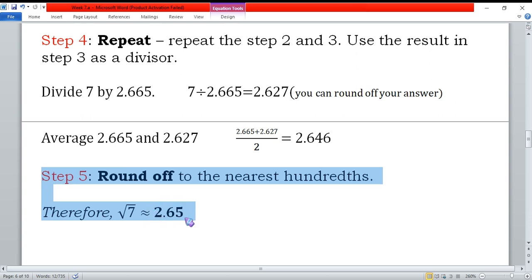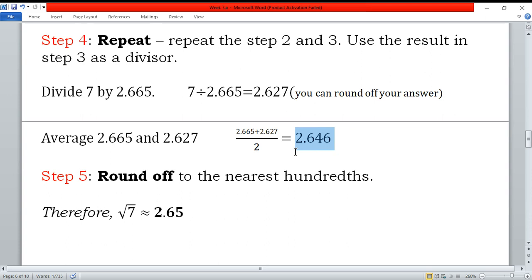Then again, saan nanggaling tong 2.65? Nanggaling siya dito. Okay? So, 2.646. Tignan nyo, ni-round off natin. Kasi nga, ang nasa kanan ng 4 ay 6. Di ba? Pag binalikan natin, ang rounding of numbers, once yung nasa kanan ng number na ira-round off natin ay 5, 6, 7, 8, or 9, madadagdagan siya ng isa.